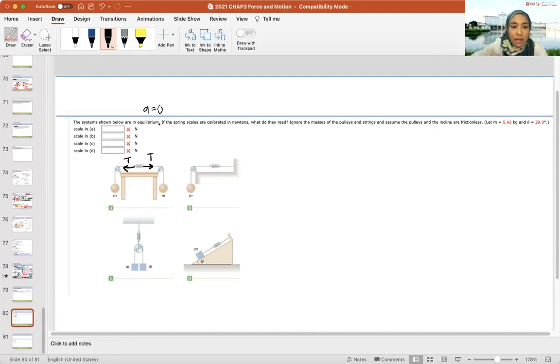So a force yang acting on the weight scale is tension sahaja. Apa force yang acting on this guy? It's only tension. Adalah mg, tapi mg tu dia tak measure lah. So kita nak measure tension. So this guy has mg ke bawah and then this T over here. And then this guy has mg and this guy is tension.